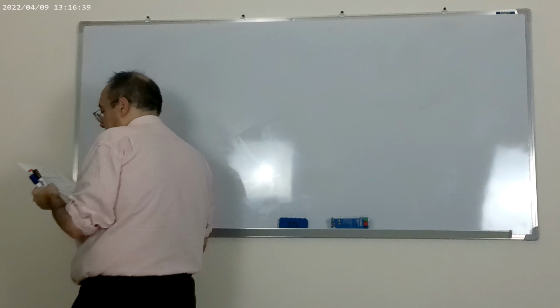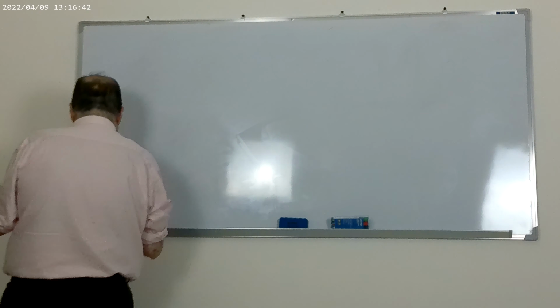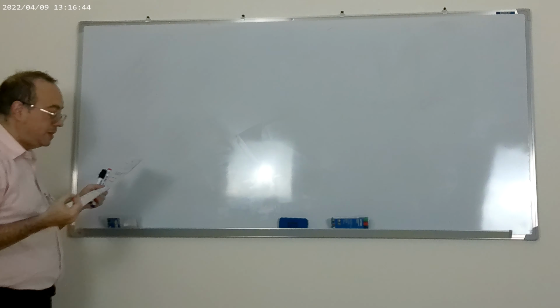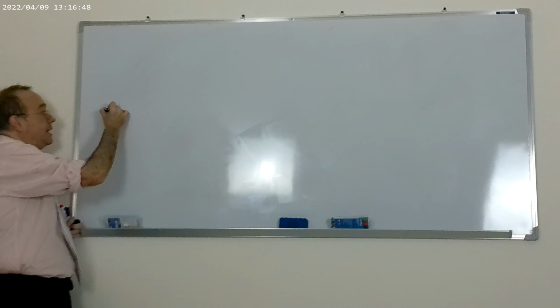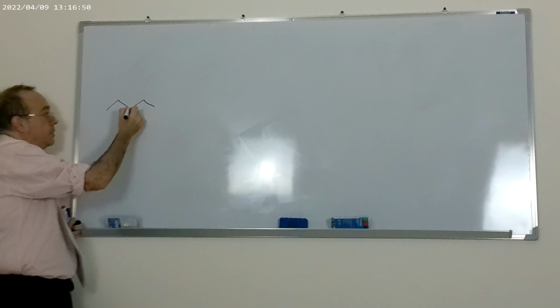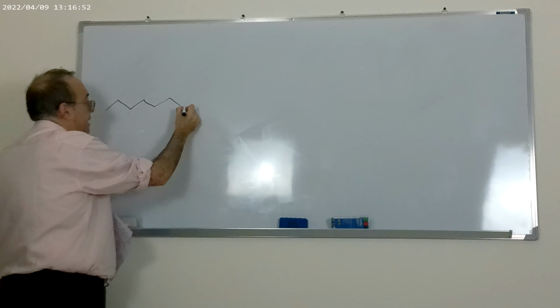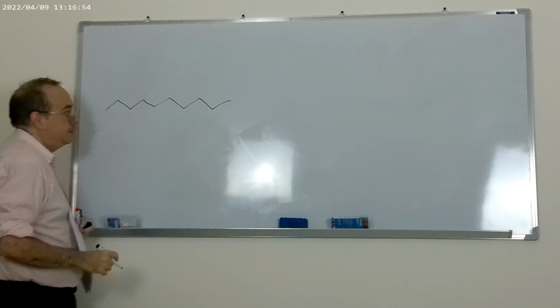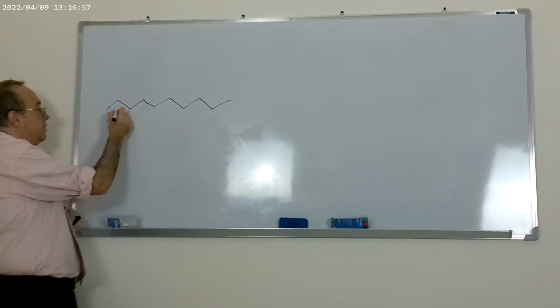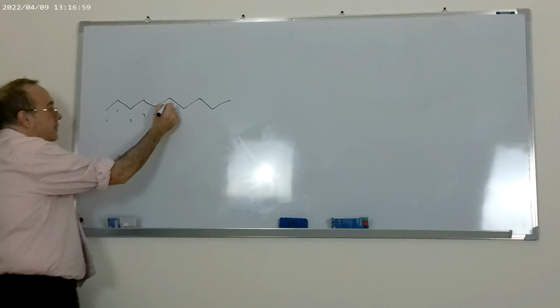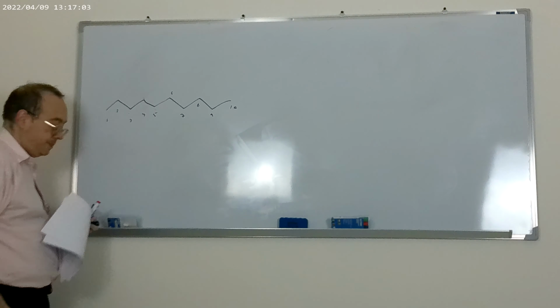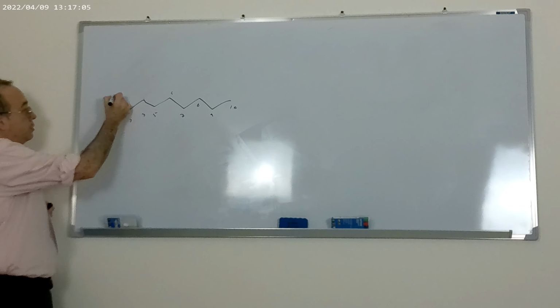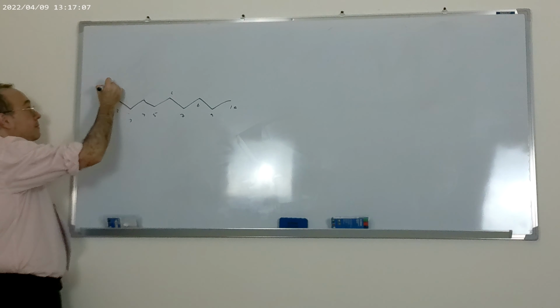Then the next question is, name the following compound: 4-chloro-5-iodo-2,2-dimethyldecane. If it's a decane it means that the main chain has 10 carbons, 1, 2, 3, 4, 5, 6, 7, 8, 9, 10. Okay? Decane. In position 2 we have 2 methyls.